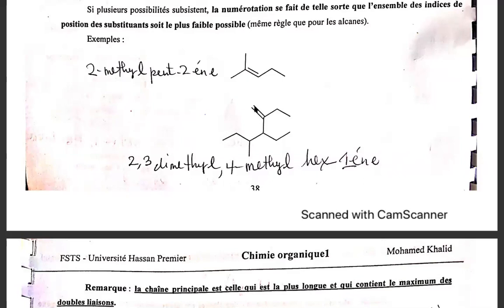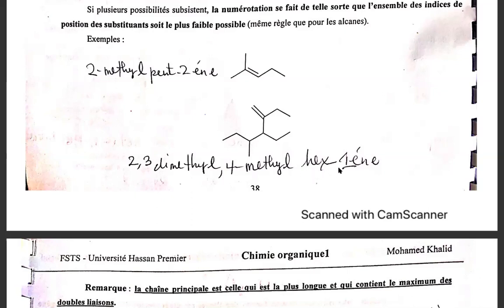Now where is the double liaison located? The double liaison is located at position number 1. And when you count everything here, we find that there are 6 carbon atoms. So these 6 carbon atoms have a prefix called hexa.